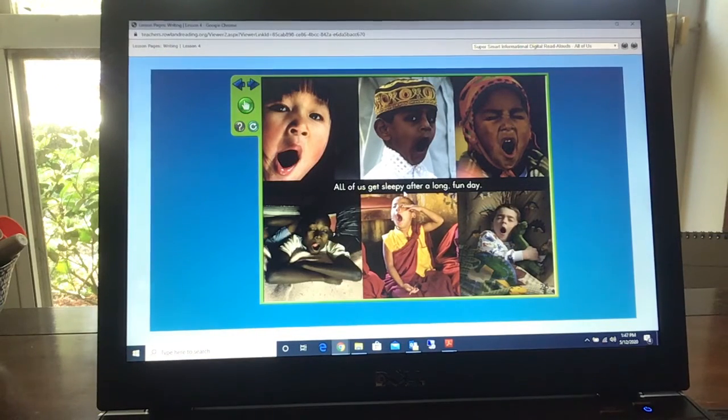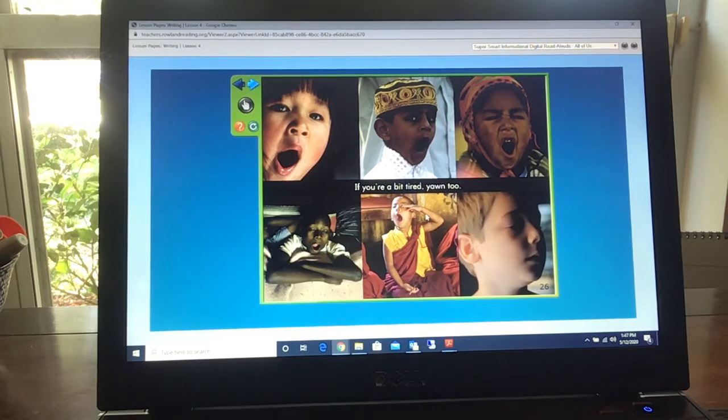All of us get sleepy after a long, fun day. Look at that. Everybody's dressed very differently. And I bet they sleep in different kinds of beds too, but do we all get sleepy when we're tired? Yeah, at the end of the day. If you're a bit tired, yawn too.